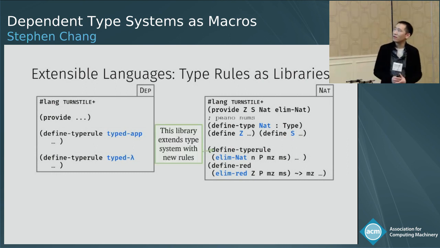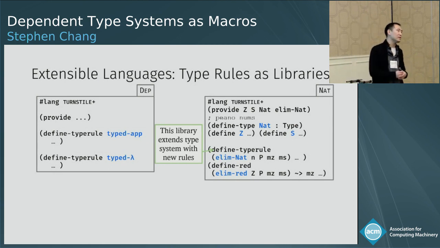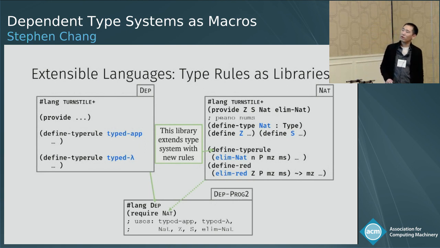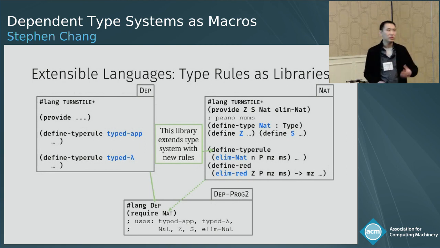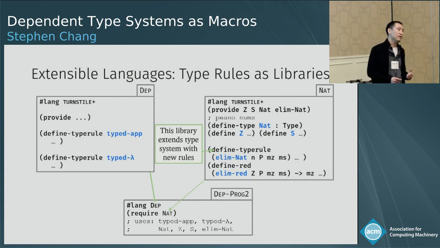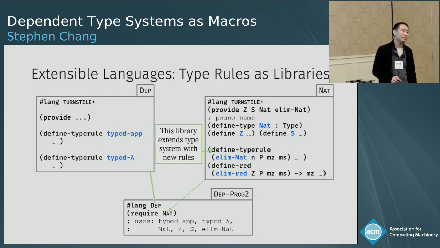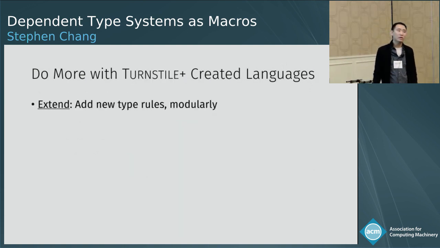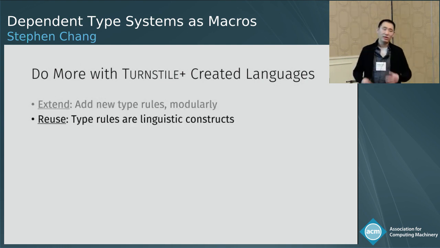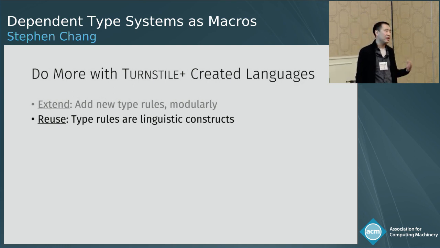And the point that I want to make is that this library is extending the type system with new rules. And if all a programmer has to do to use this extended type system is import the library the same way they would import any normal library. So that's extension.